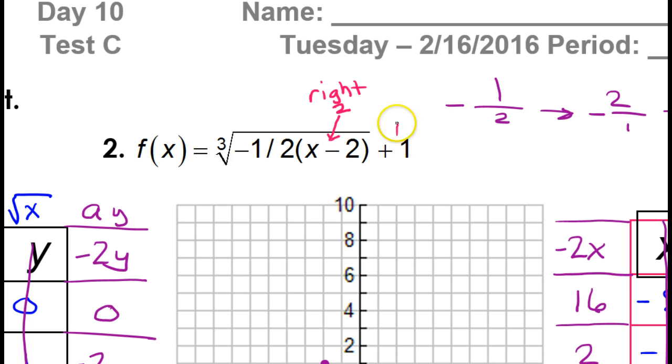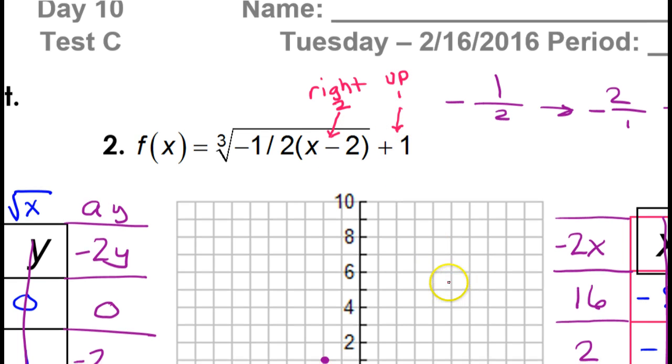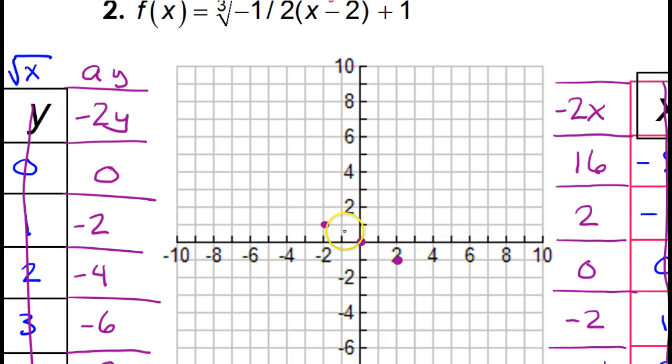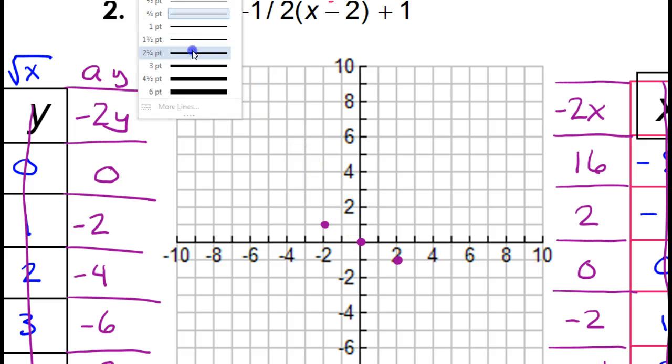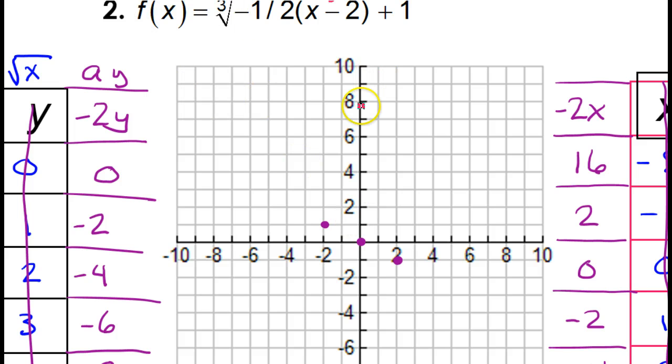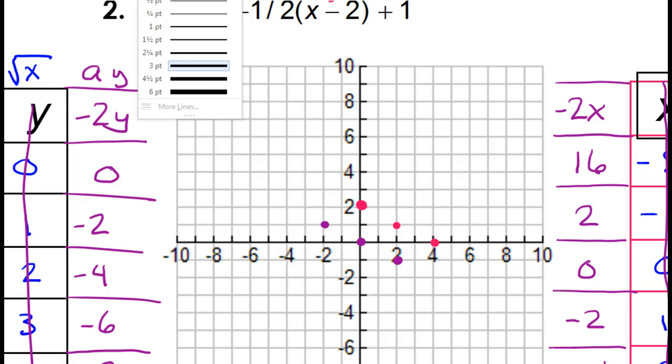And the +1 is going to be a shift up 1. So right 2 and up 1. The real graph will be what I get if I take these 3 points and I go right 2 up 1, right 2 up 1, right 2 up 1. So I'm going to draw that wave through these 3 points for my final answer.